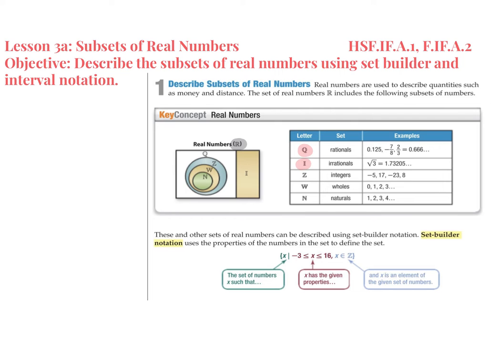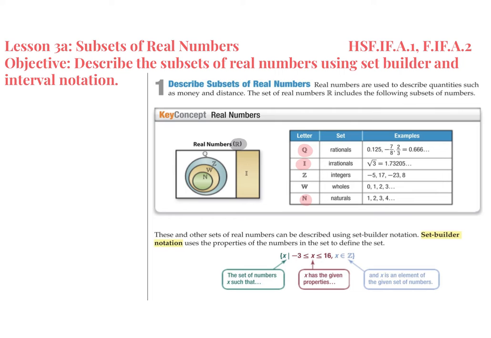Integers are just basically all my positive and negative whole numbers. Whole numbers is basically the counting numbers including 0, and then the natural numbers is just basically what we teach in preschool, starting from 1 going up to infinity.